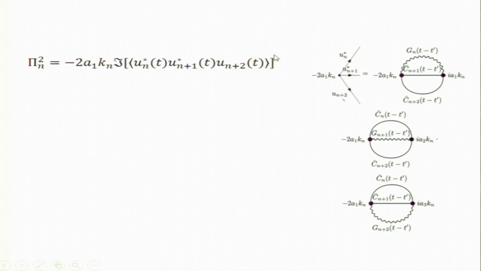Now, for the other diagrams we just follow the same procedure that I just did. So, this is the second part of the flux formula, with n, n plus 1, n plus 2, and we follow exactly the same ideas. This is not a square, this is pi n 2, the second term, which is this one, n plus 1, n plus 2, n.